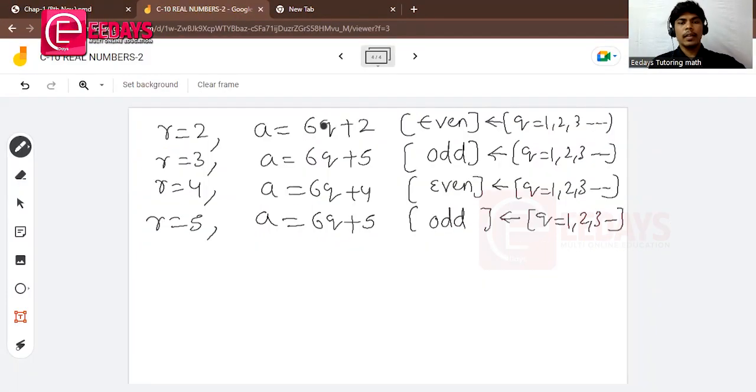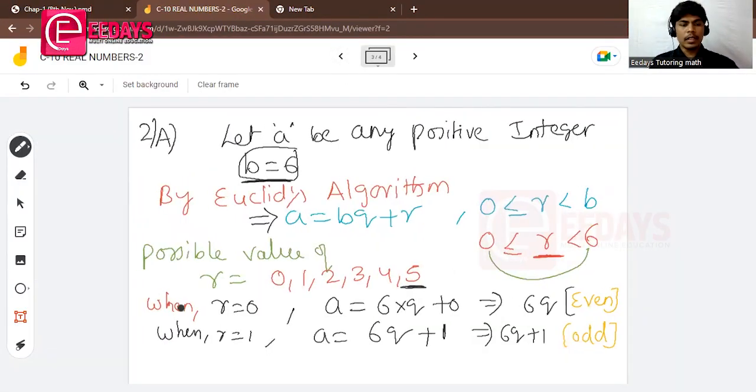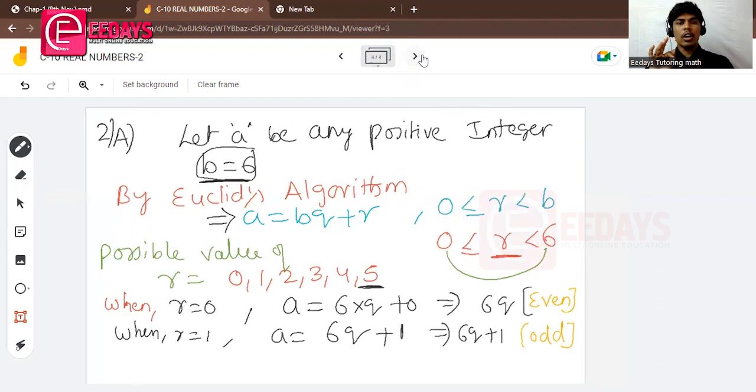Here, if r is equal to 0, we get even. If r is equal to 1, 3, 5, like this, we are getting odd numbers.